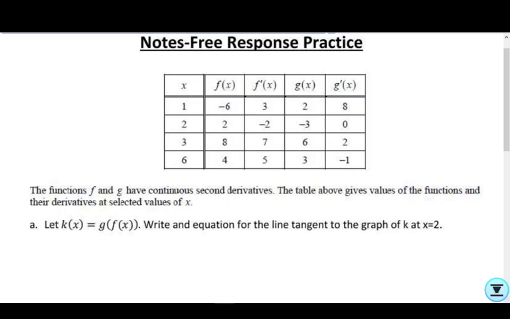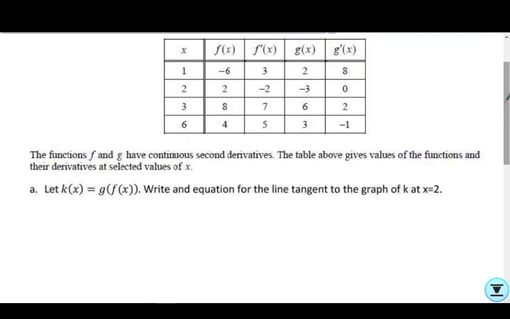The first thing they ask is: let k of x equal g of f of x. Write the equation for the tangent line to the graph of k at x equals 2. So this is a tangent line problem, and we've been working with tangent lines for a while.